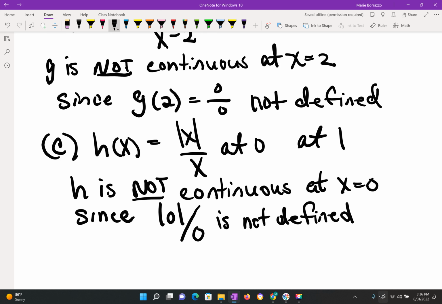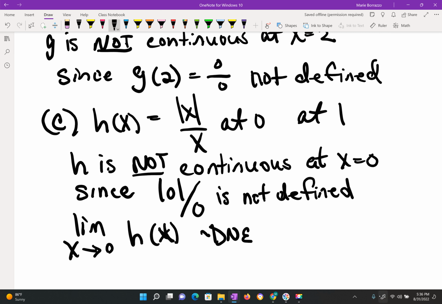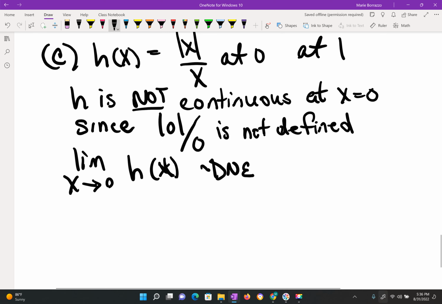Also, we're going to check it by looking at the limit as x approaches 0 for the function. For the function, it does not exist in this case. Does not exist, right? Because I have a 0 denominator, it's no good. Undefined. So undefined and do not exist kind of go hand in hand, right?